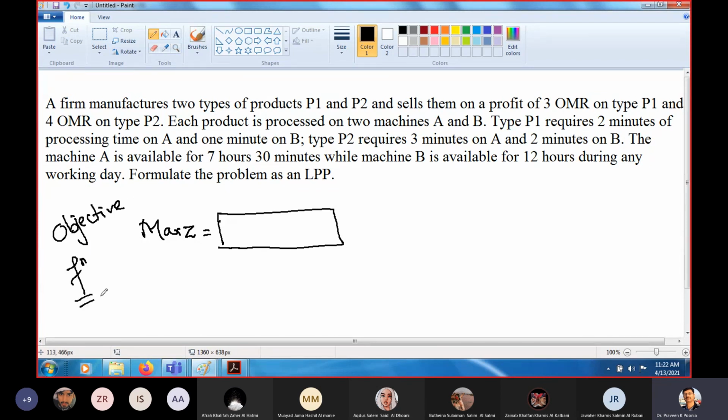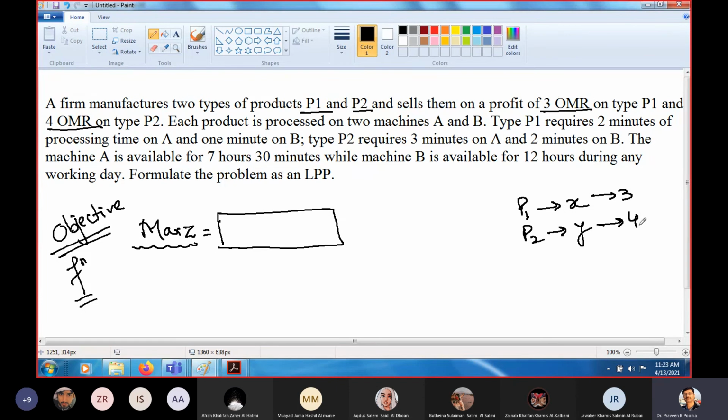They do not need anything else. They need only the objective function. You need to type the objective function here. Maximum Z they have given. Now you need to read the question. A firm manufactures 2 types of products, P1 and P2. Let P1 be X, P2 be Y. And sells them at a profit, 3 OMR profit on this and 4 OMR profit on this.